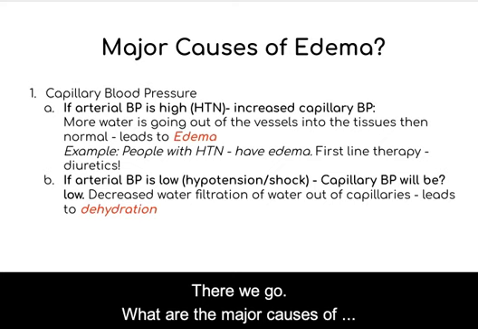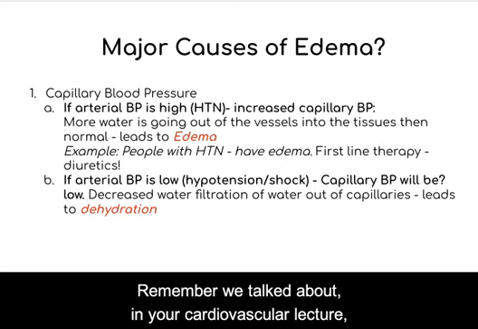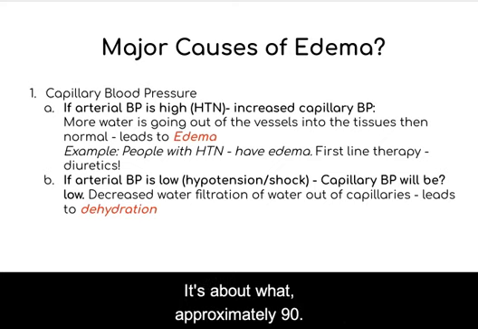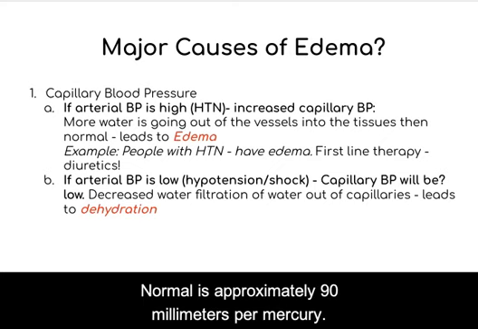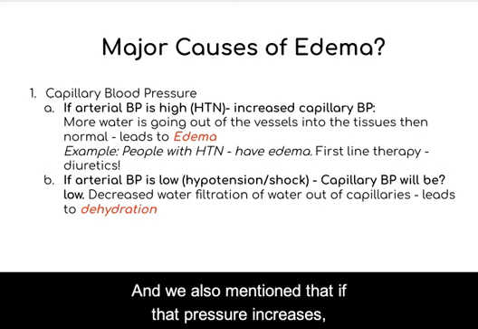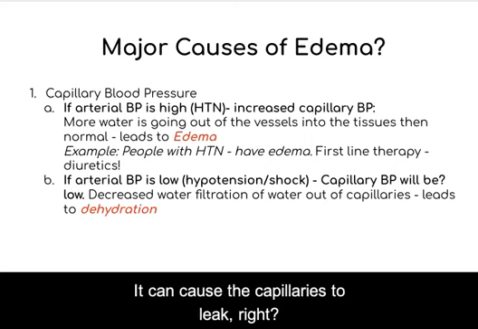What are the major causes of edema? Remember, in your cardiovascular lecture, we talked about arterial blood pressure. Normal is approximately 90 millimeters of mercury. We also mentioned that if that pressure increases, it can cause the capillaries to leak.